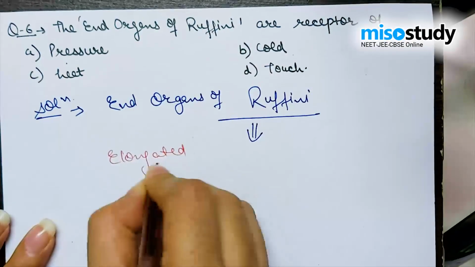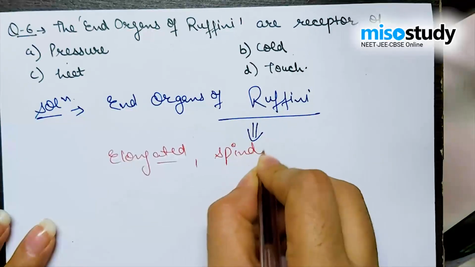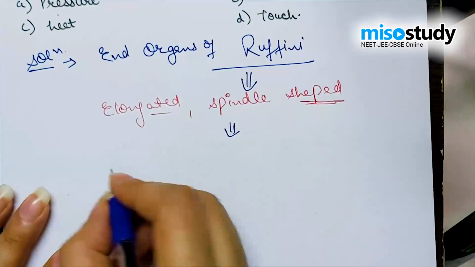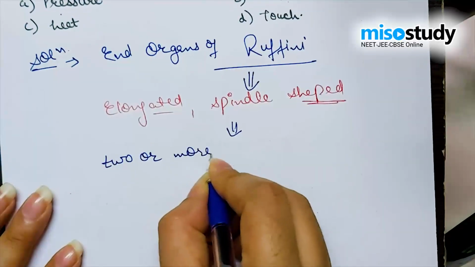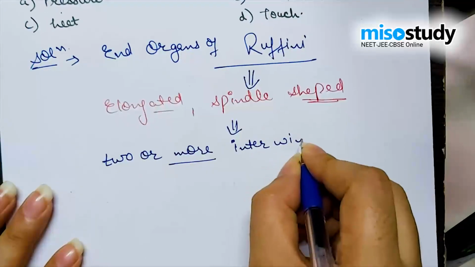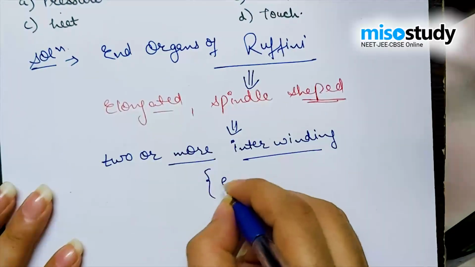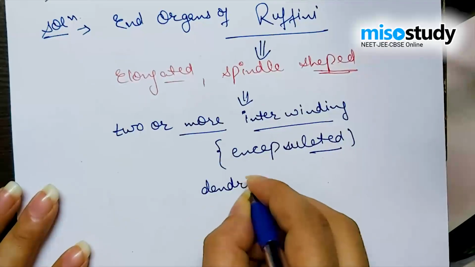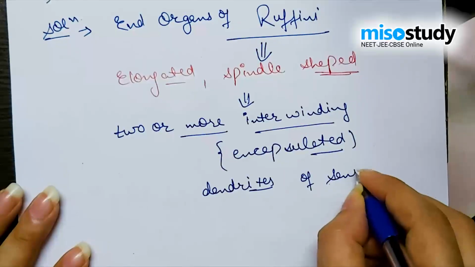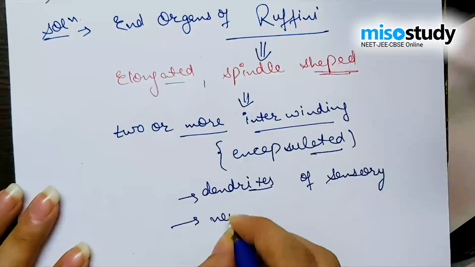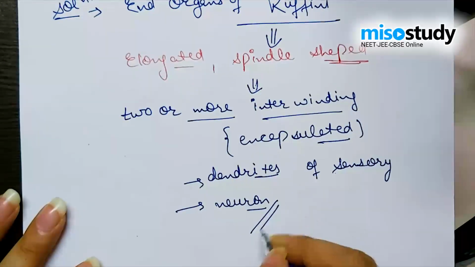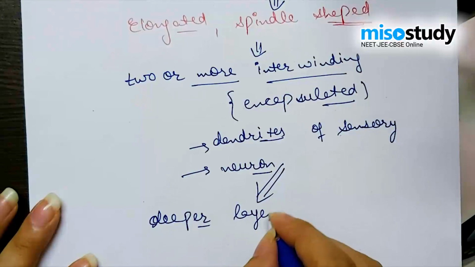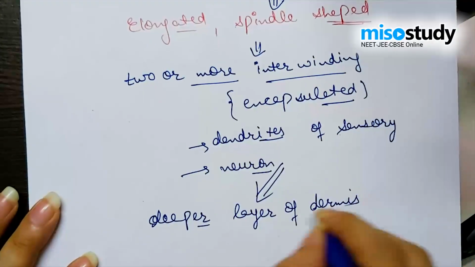elongated, somewhat spindle-shaped, having two or more interwinding and encapsulated dendrites of sensory neurons that generally occur in the deeper layer of the dermis.